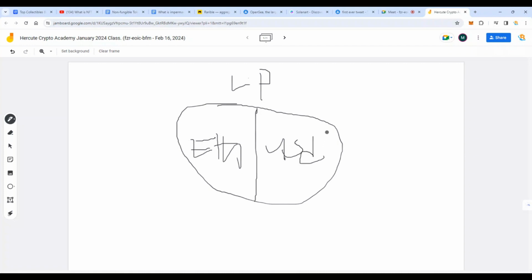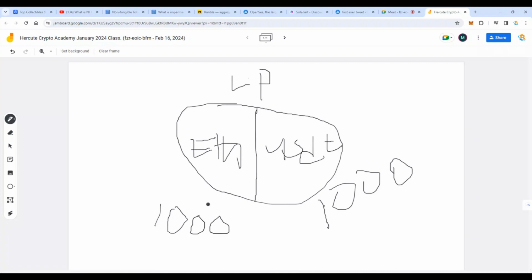Now, you can see the values. I've divided this by half because if we have 1,000 USDT here, it means whatever amount of Ethereums we have here, whether it's 10, 100, or 5, they have to be equivalent to 1,000.